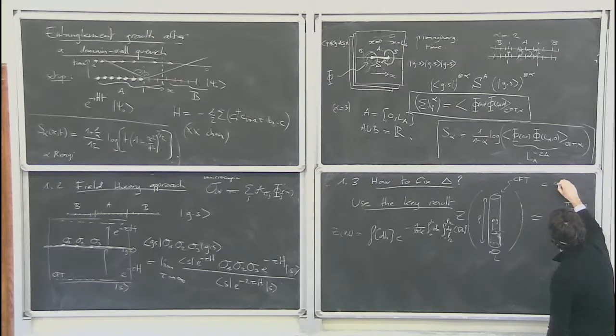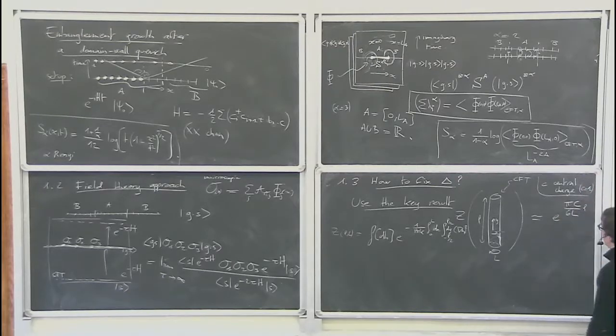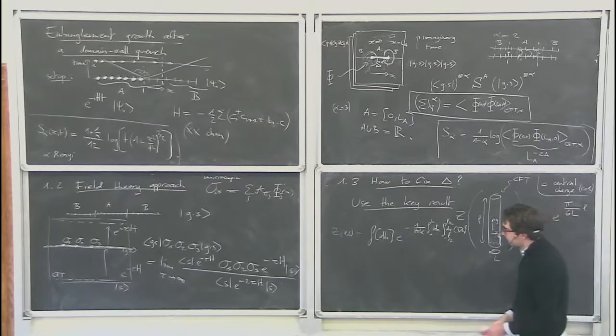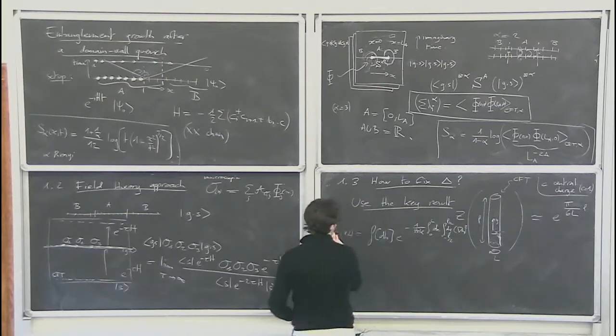For the free boson that we've discussed, the Luttinger liquid, c equals 1. So if you don't like c, because you don't understand what it is, then you can just put c equals 1.